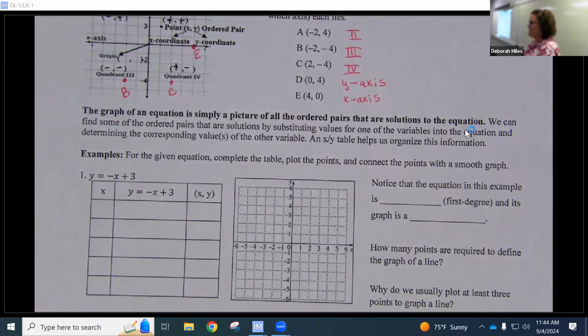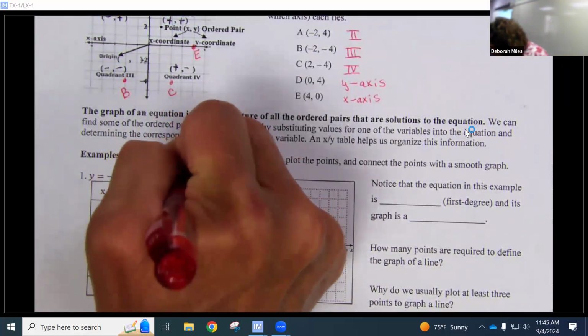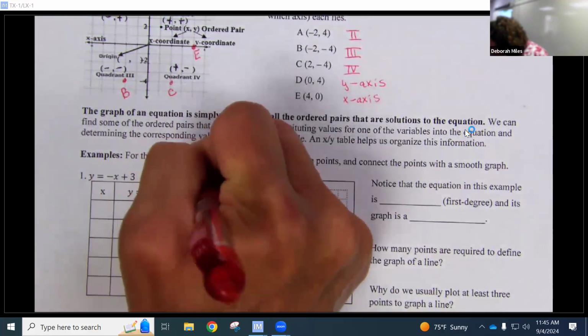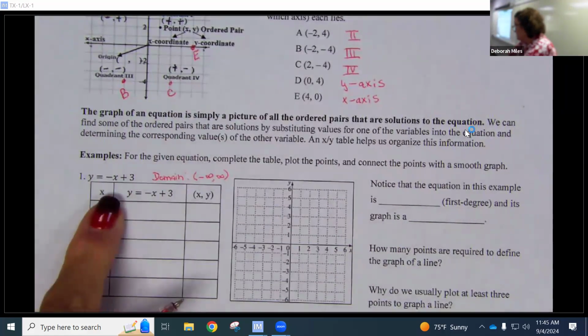We had the word domain in lesson 1. It was anything for which the function is defined. This domain is negative infinity to infinity because I can let x be anything.